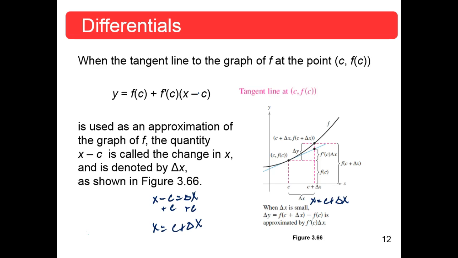That's approximately f prime of c times delta x. So f prime of c times delta x is the difference here. That is how much the function's increased here. This is how much it really increased. This difference tends to be pretty small. That's what they're getting at.